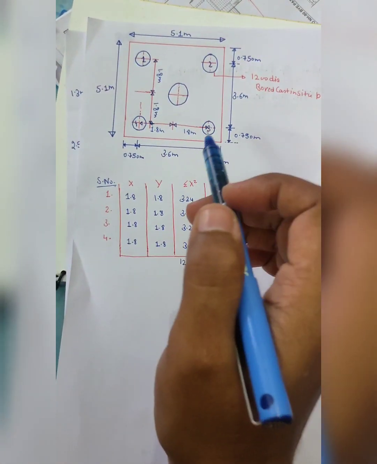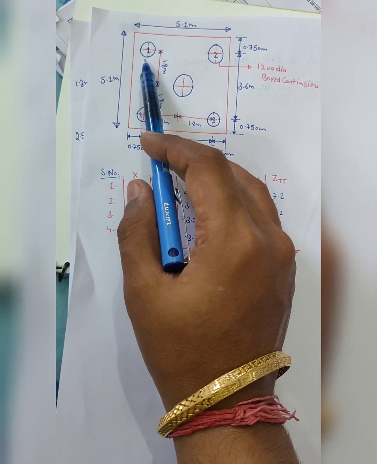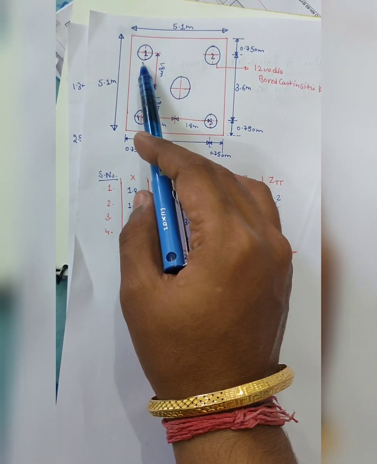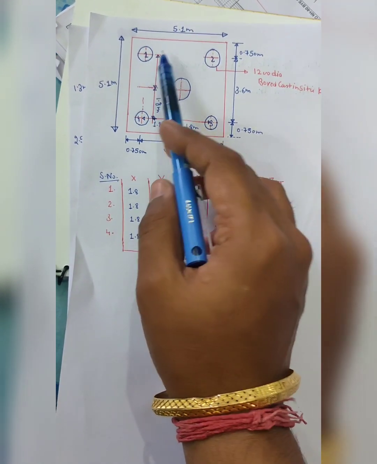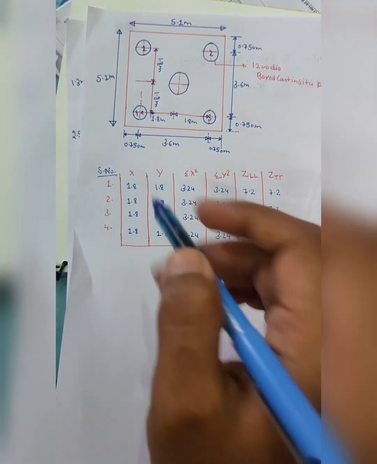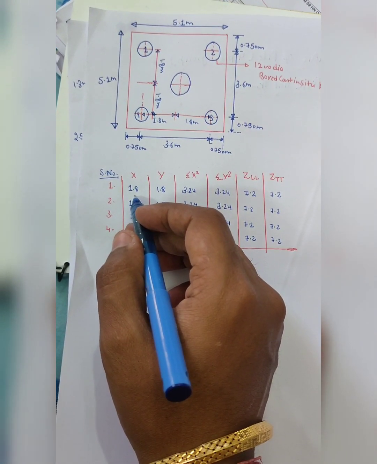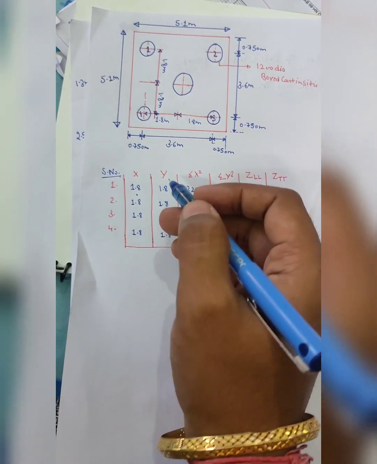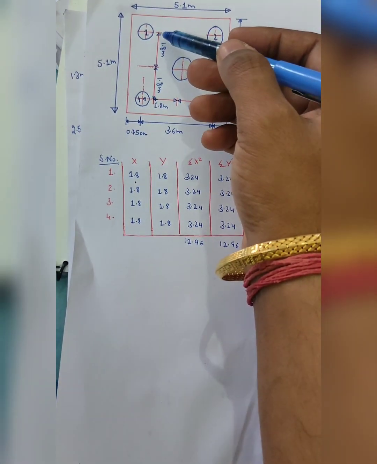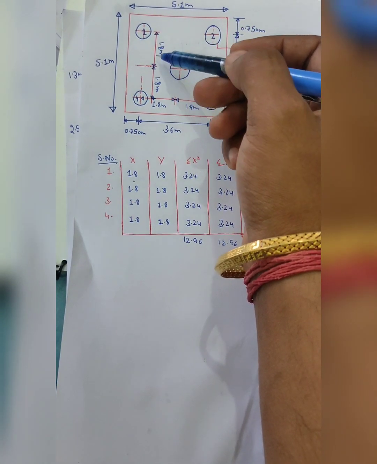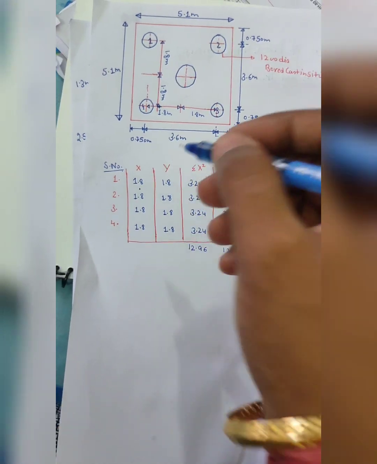So when we consider pile number 1, the distance from its center to the center of the pier is 1.8 meter, which is written here. Accordingly its y distance in the transverse direction or y-axis is also 1.8.